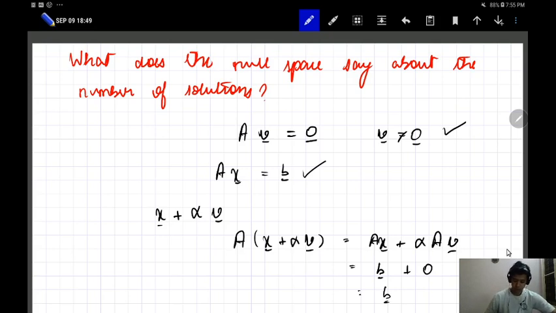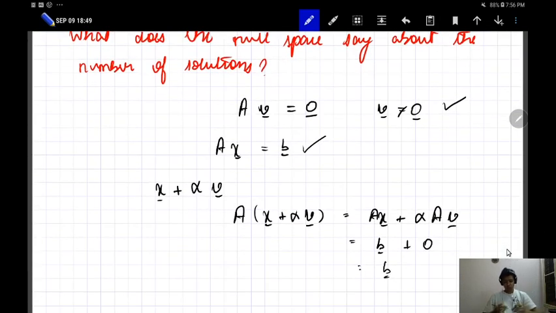Therefore, if x is a solution, then x plus alpha times v is also a solution for every real number alpha and for every v in the null space of A. Therefore, if the null space contains only the zero vector, then there exists a unique solution. If the null space contains vectors other than the zero vector, then there are infinitely many solutions for the system. And we'll formalize this, we'll prove this in more detail in the coming lectures.